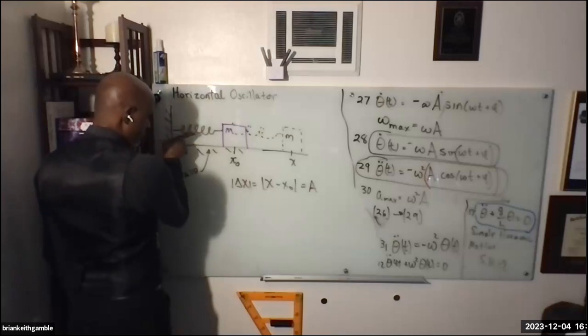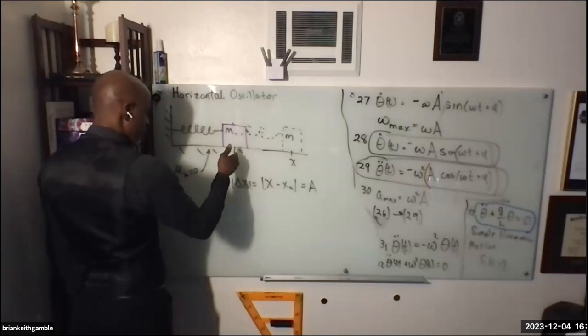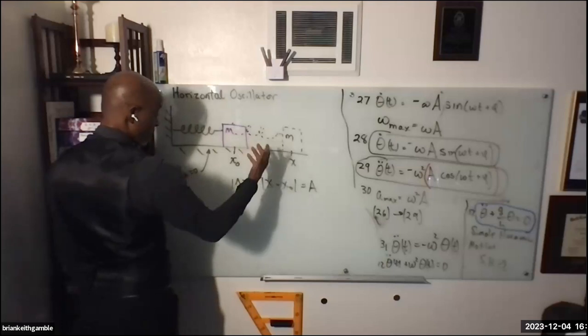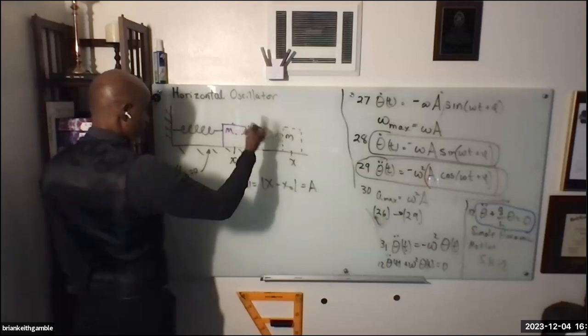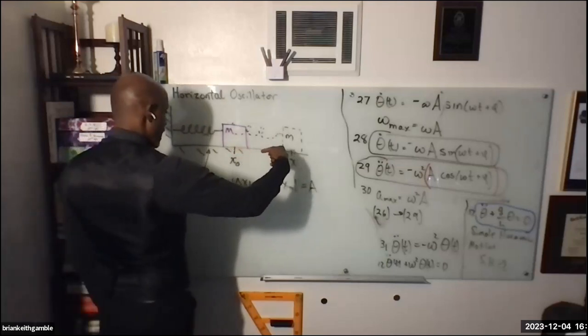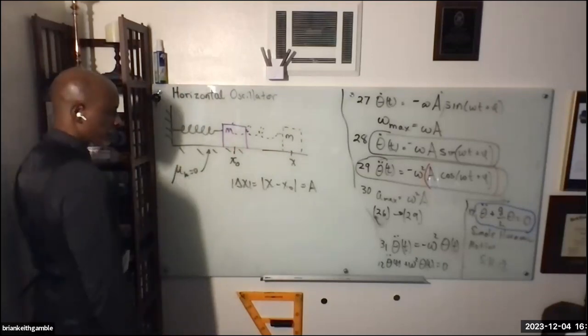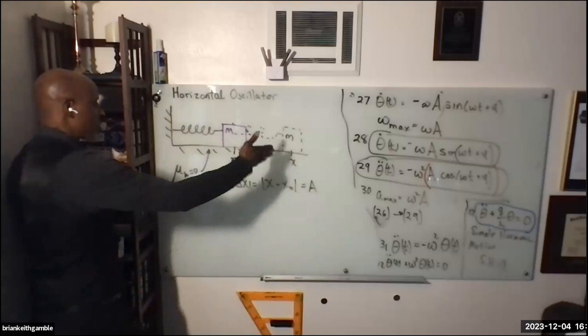Then it goes through the third quarter cycle, starts to come back, speeds up, acceleration 0, velocity maximum, moves through, acceleration flips and becomes negative because it starts to decelerate, which means the net force direction flips, and it completes the cycle by moving back to the original position. And it just goes back and forth like that.